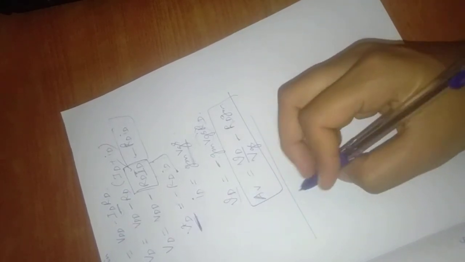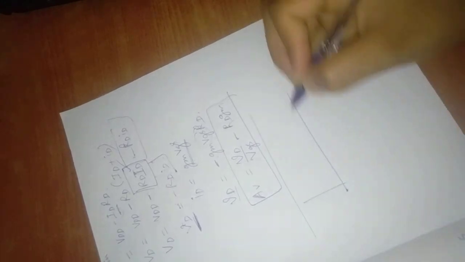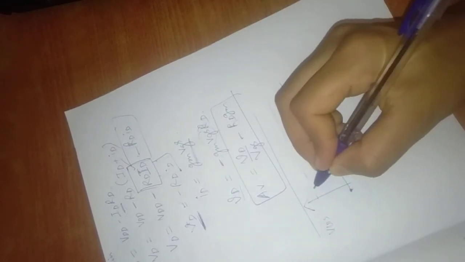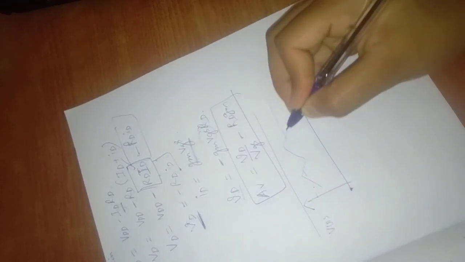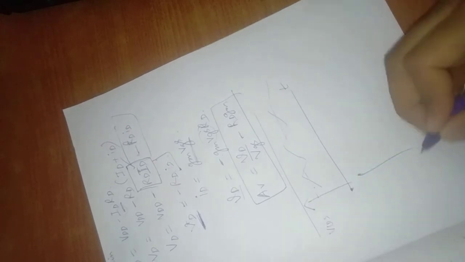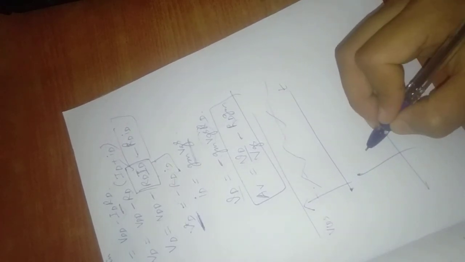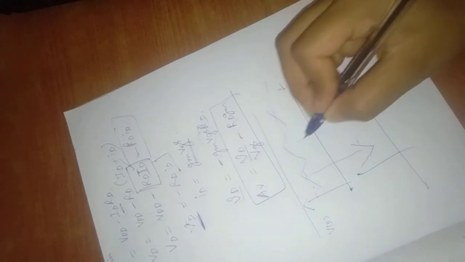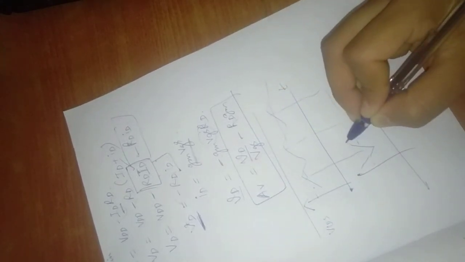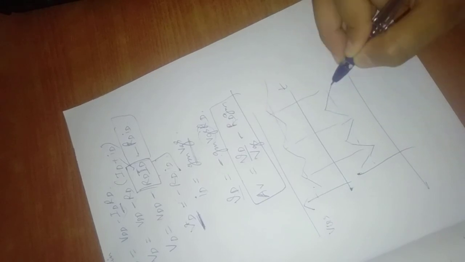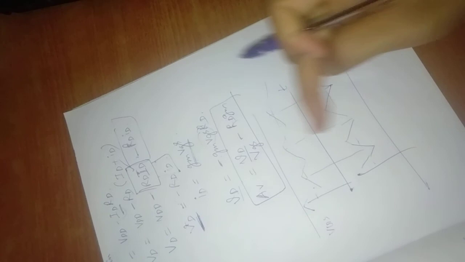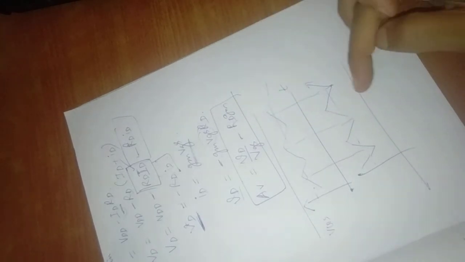That means when my input signal, with respect to VGS and time, is drawn something like this, my output will be just 180 degrees out of phase with it. So this is what my output appears to be. That means a 180 degree phase difference will be there between the input and the output.